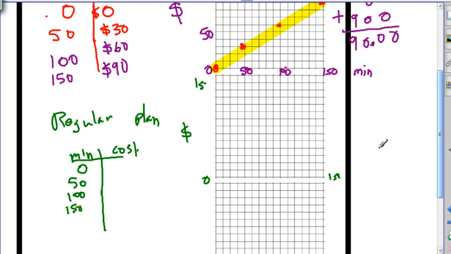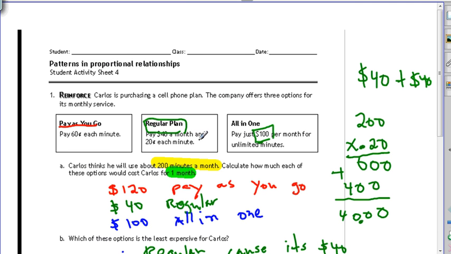So remember, it's going to be like $40, right? We always add $40 plus whatever we multiply. So if I have 0 minutes, I'm going to have 0 times, how many cents do I have to pay for each minute? It's 20 cents.